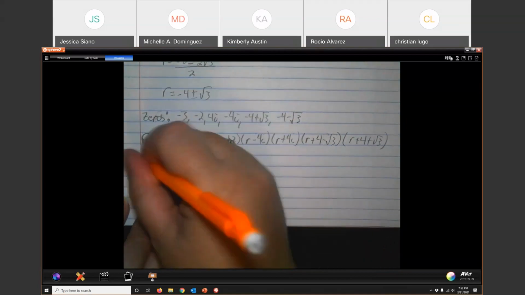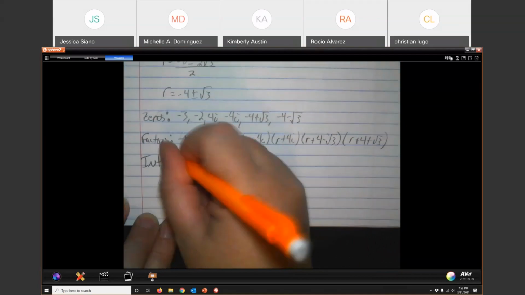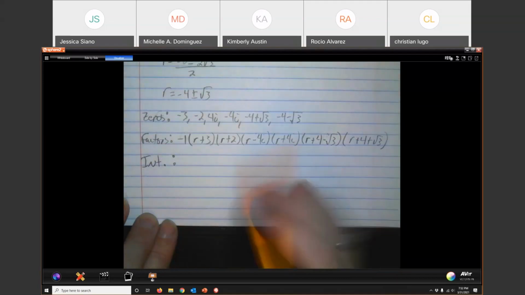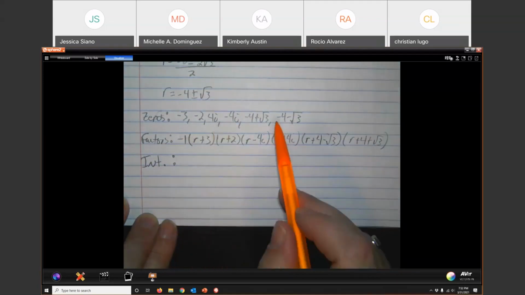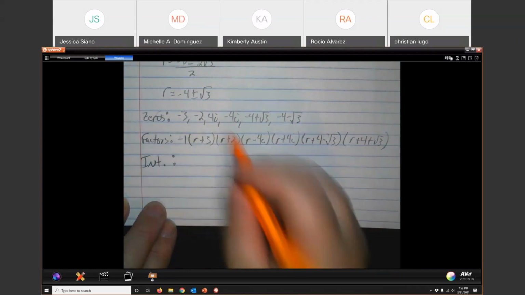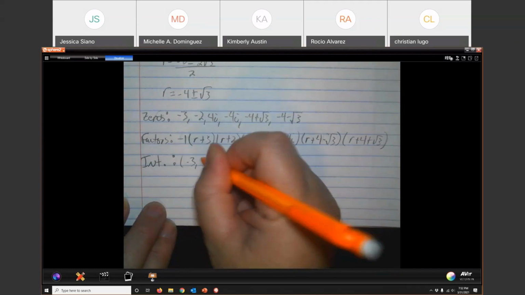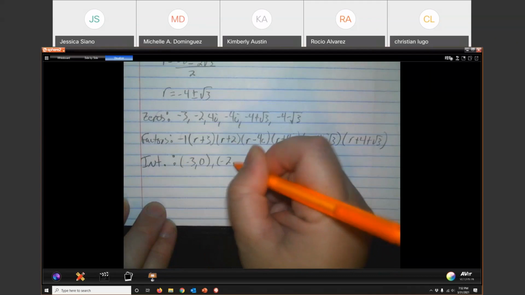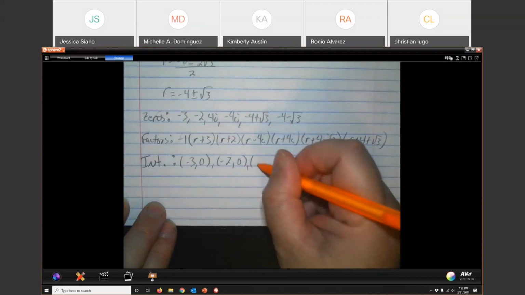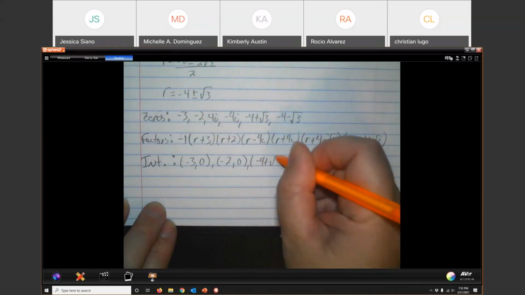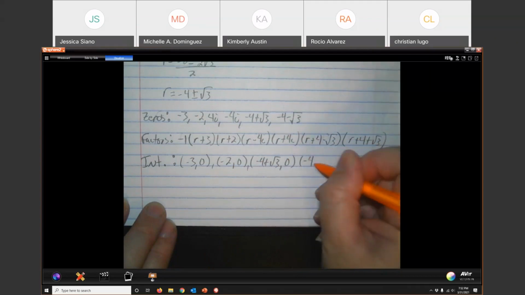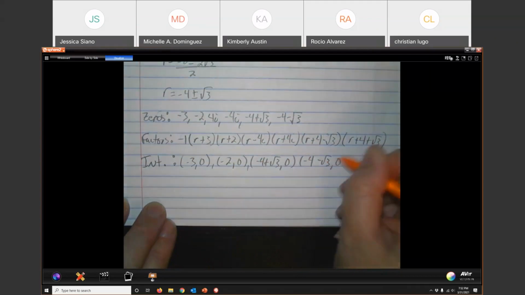And then my intercepts would be these values, but only the real ones. So negative 3, 0, negative 2, 0, negative 4 plus rad 3, 0, negative 4 minus rad 3, 0.